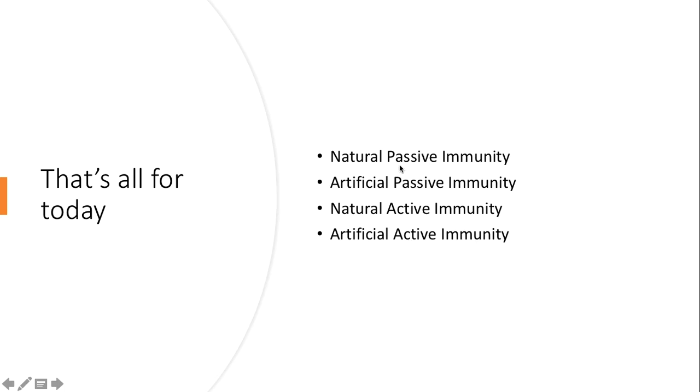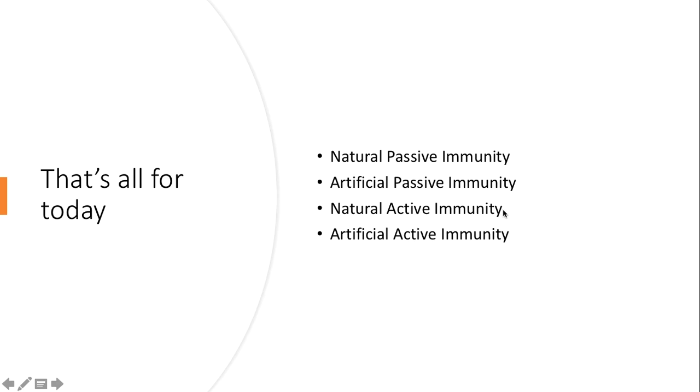Each passive and active can be obtained either naturally or artificially. So you just have to remember natural, passive. Contohnya macam you get it from the mother. Baby got it from the mother through breast milk or mother's blood through placenta. Artificial passive means you get the anti-serum from the doctor.